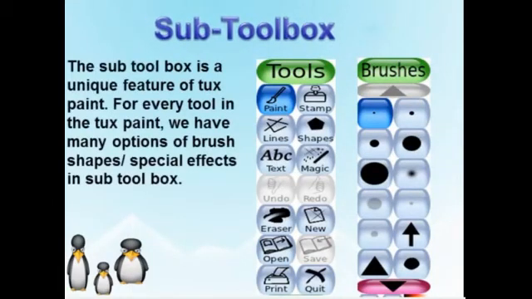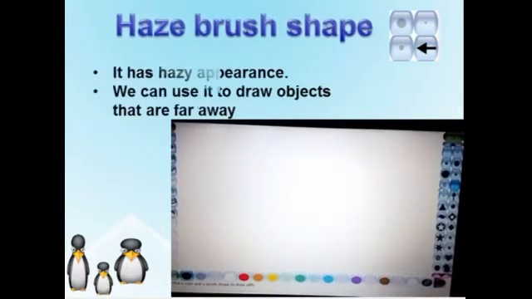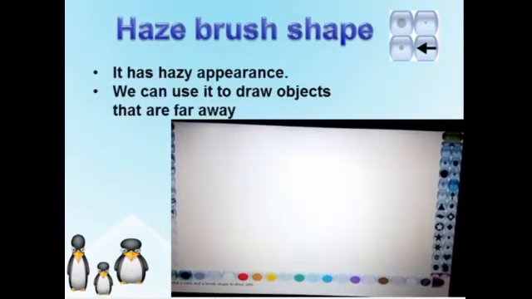Now there is the sub toolbox. The sub toolbox is a unique feature of Tux Paint. For every tool in Tux Paint we have many options of brushes, shapes, special effects and the sub toolbox. You can observe in the window. Next one is the haze brush shape.